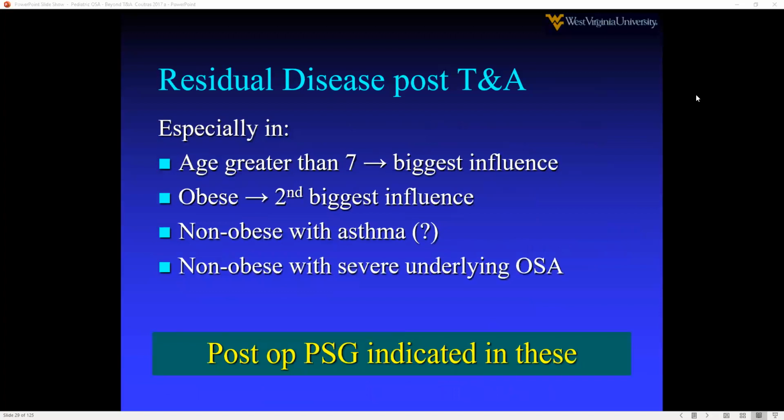So for some reason, there's residual disease if the age is greater than 7 as well. That seems to be a big influence. And again, non-obese with asthma, question why that might be. And then non-obese with severe OSA, so they tend to have residual.